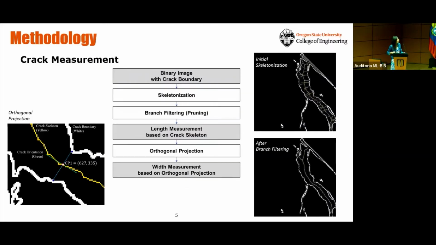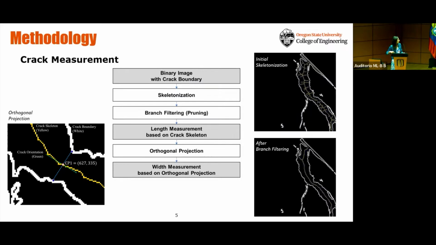For the crack measurement, once we got the boundary of the crack, we applied a skeletization method. And then after we applied the skeletization method, as you see, there are a bunch of branches. This is the crack itself, right? We applied a branch filtering operation, also called pruning.